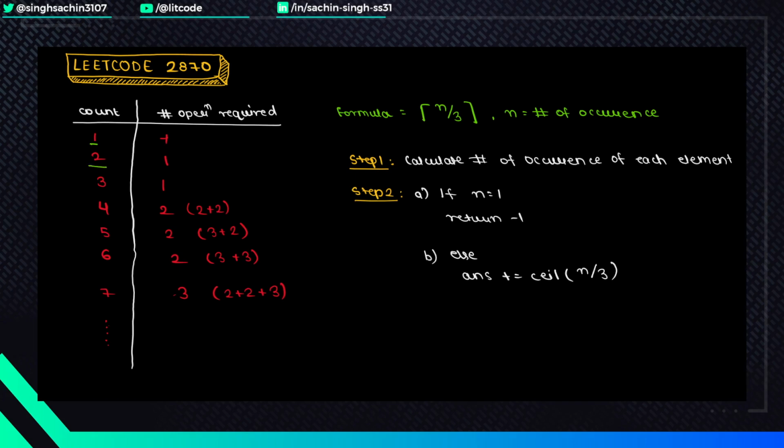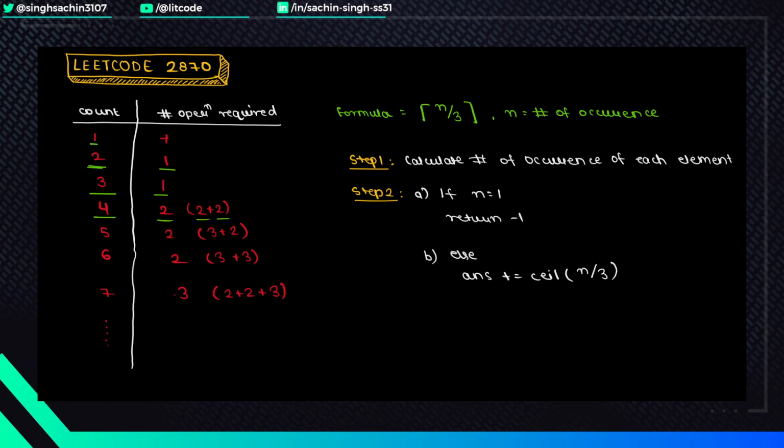When we have two elements of the same value, we can remove those in one operation. When we have three occurrences of the same value, we can remove them in one. When we have four, it will be two operations, because 2 plus 2, right? So on and so forth.